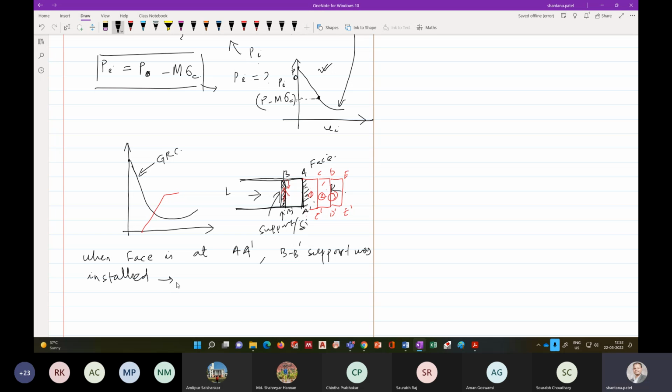And when this was installed, there was already some vertical displacement at point P. Is this clear what I have written?